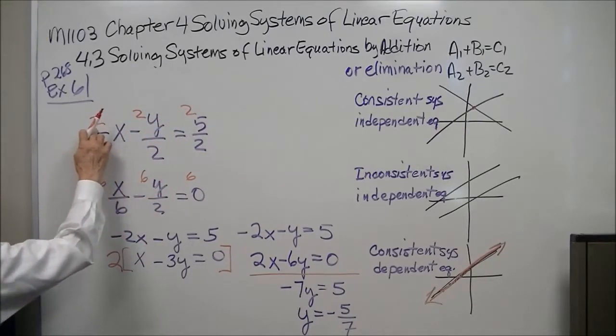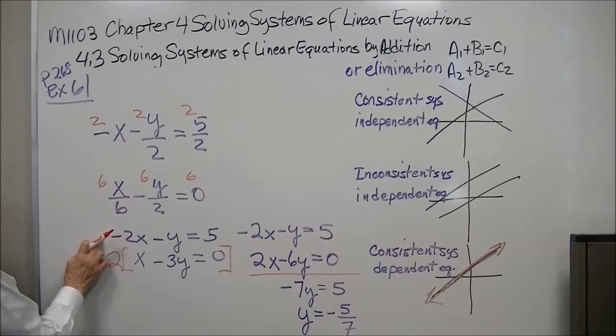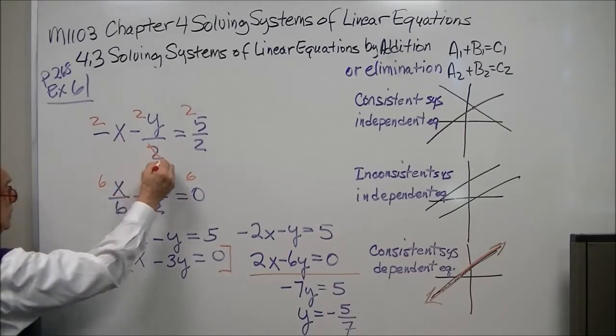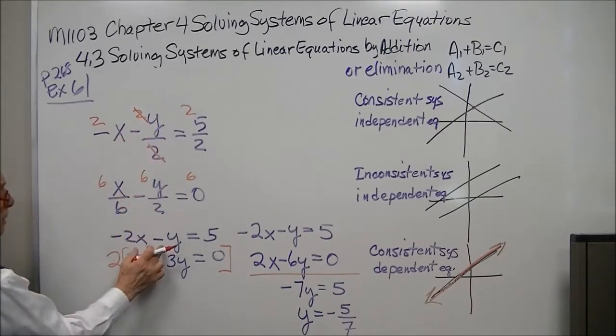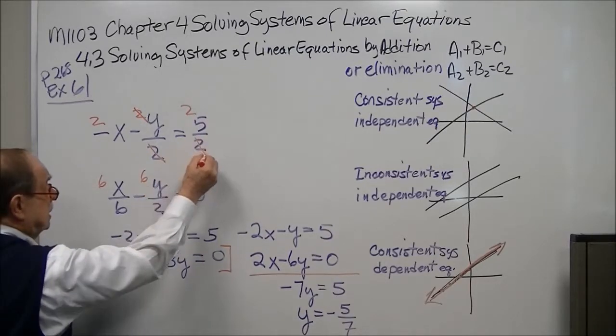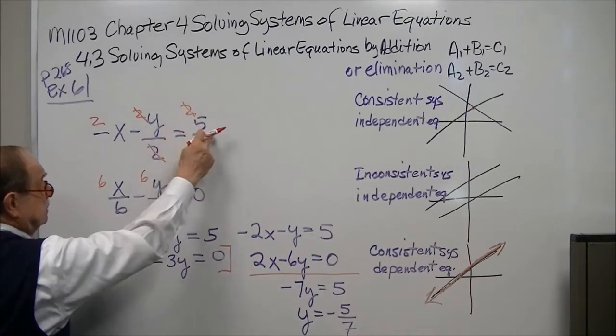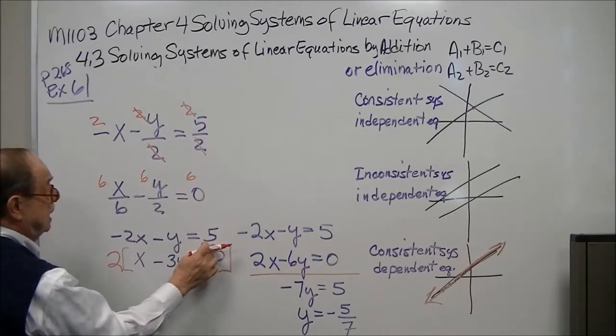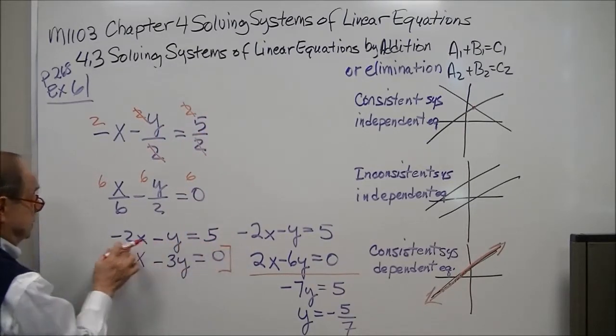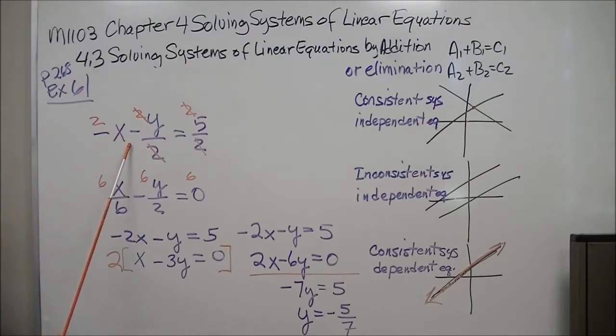So we get a negative 2x, and I put that down here. Now note here the 2's cancel out, and we're left with just a negative y. Now here, again, the 2's cancel out, and we're left with a 5. So it's not the same equation, but it's equivalent, and it's without fractions.